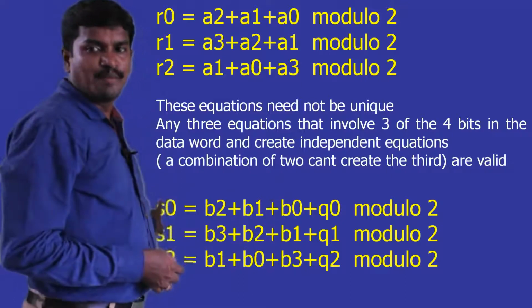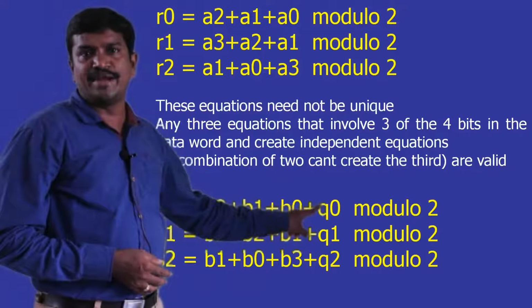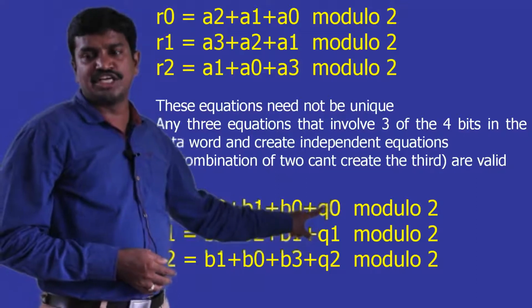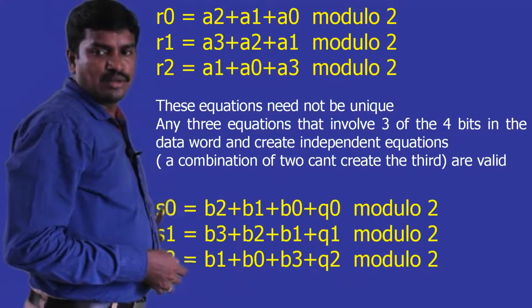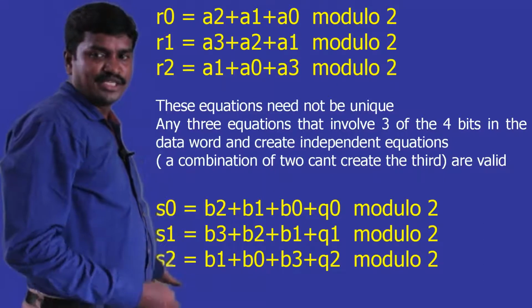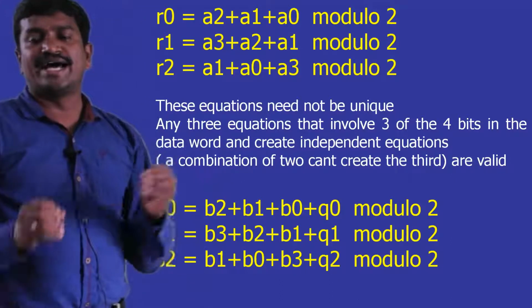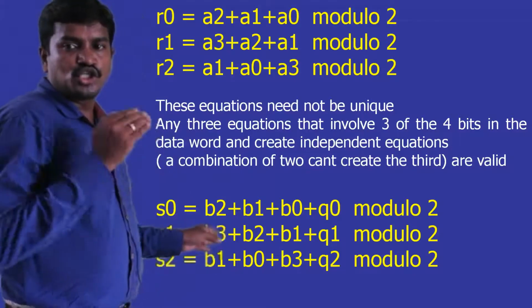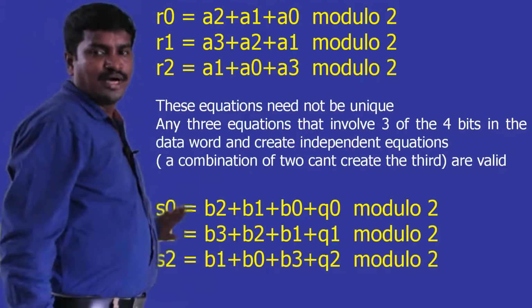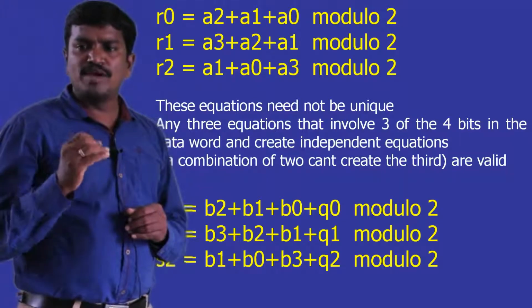So in order to make S0 1, Q naught must be 1, so that the change is made to Q naught. That's the reason at the 0, 0, 1 position, the expected bit to be corrupted is Q naught, because the 0, 0, 1 value is raised only because of Q naught.